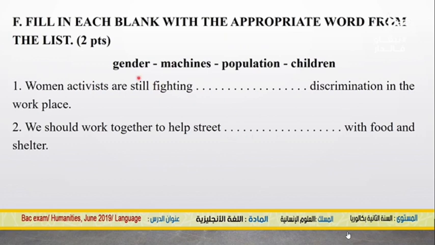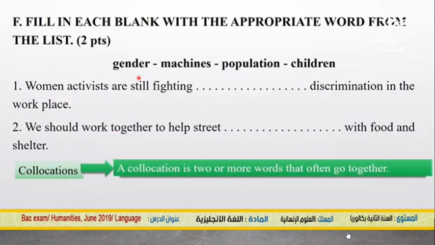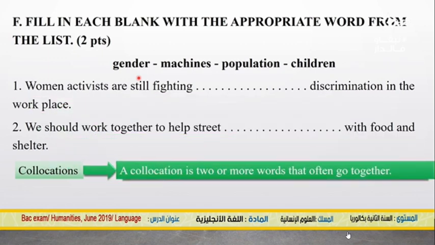So as I said before, this exercise is about collocations. Let me remind you of what we mean by collocations. A collocation is 2 or more words that often go together.